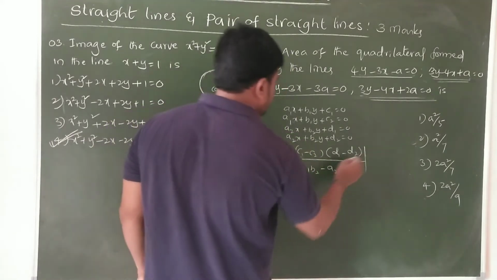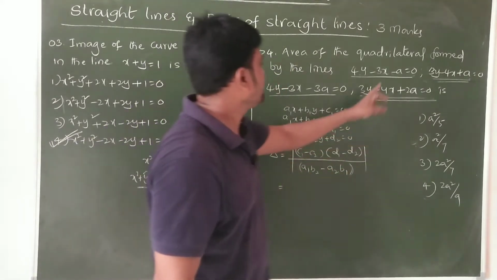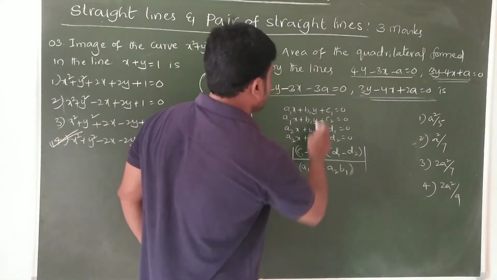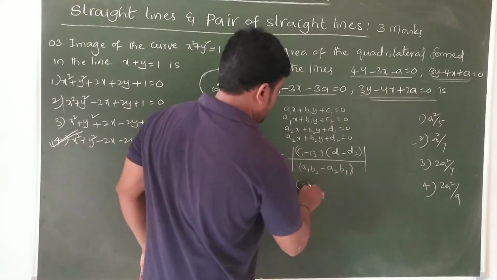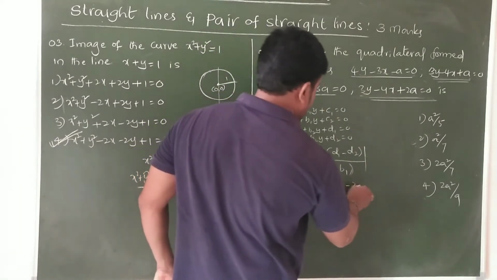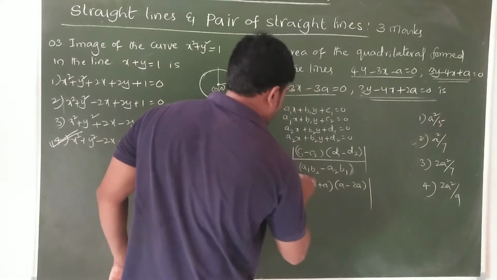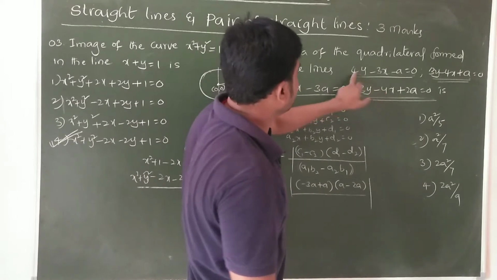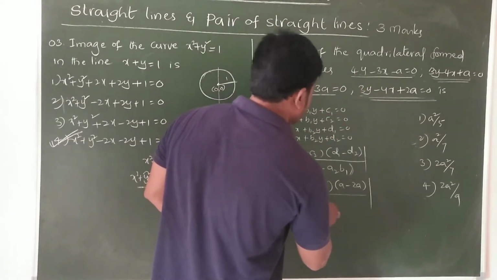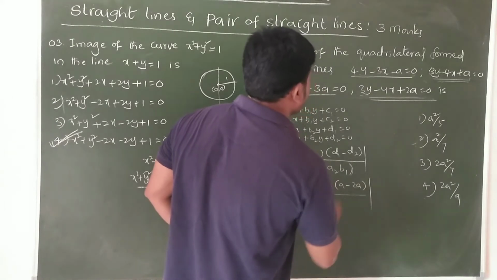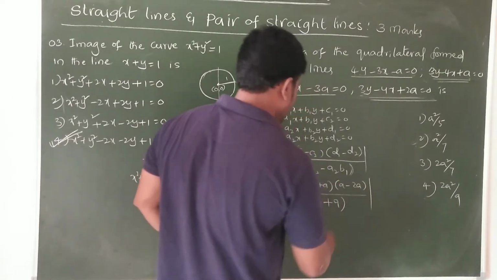Let square units: c1 minus c2 is a minus 3a plus a, into d1 minus d2, a minus 2a, by a1 b2 minus 16 and a2 b1 minus a2 b1 plus 9, okay.